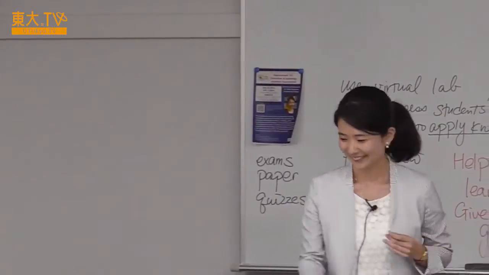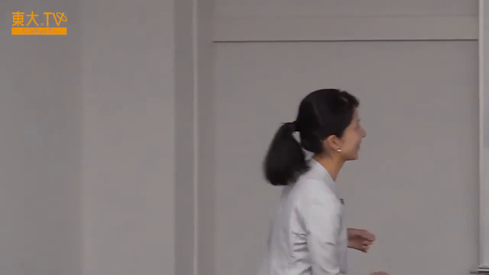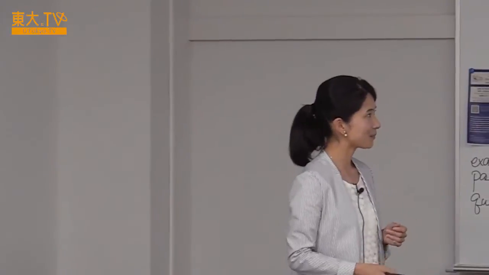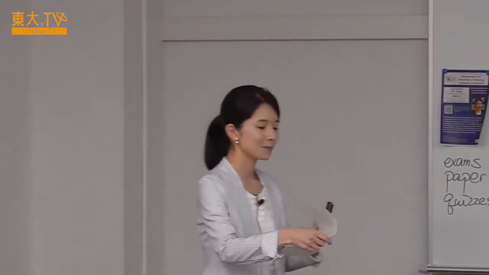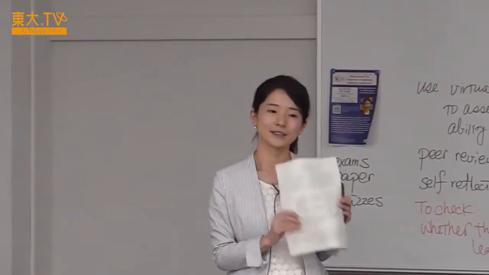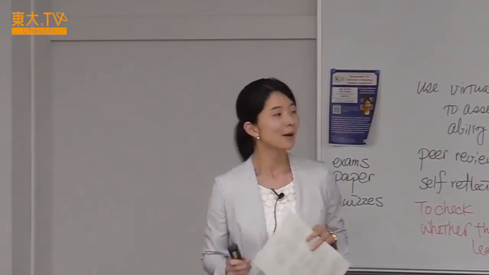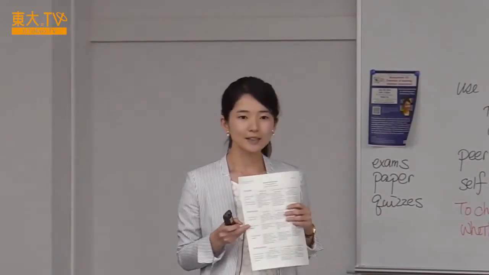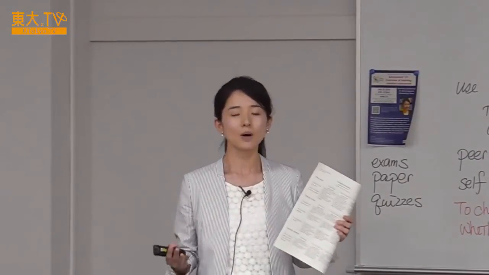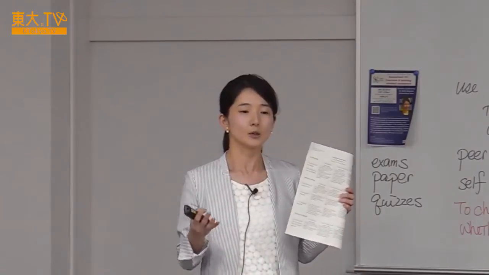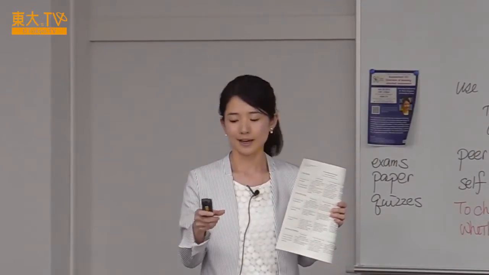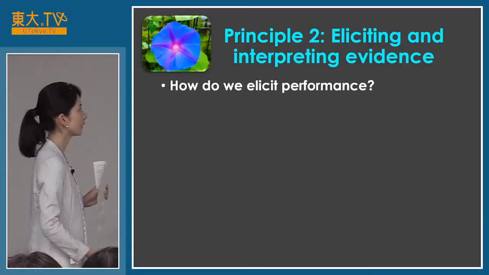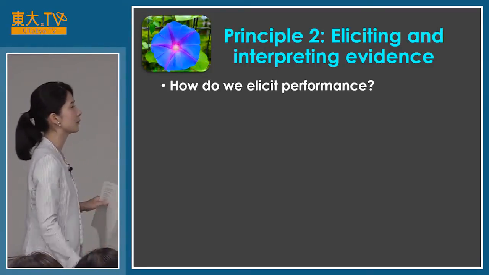Okay, now that we have this kind of assessment rubric, we want to use it. If we can't use it, what are we going to do? So what we want to do is to elicit students' performance somehow so that we can interpret their performance and learn from it. So how do we elicit performance?